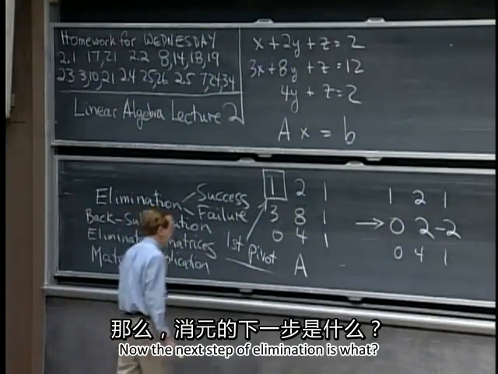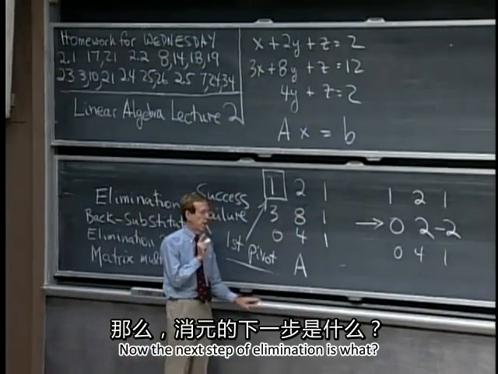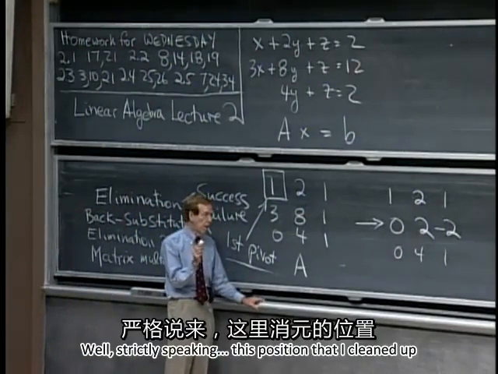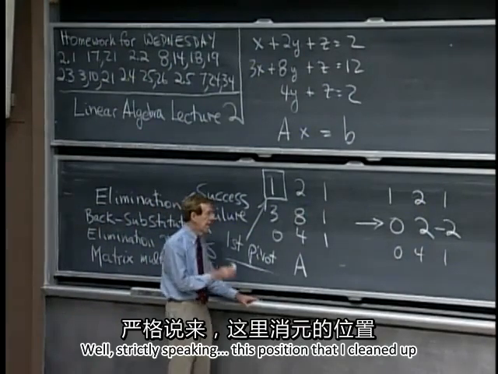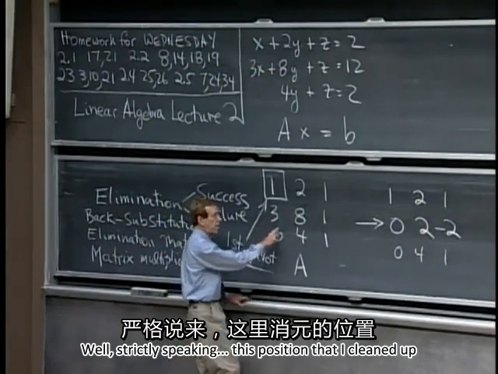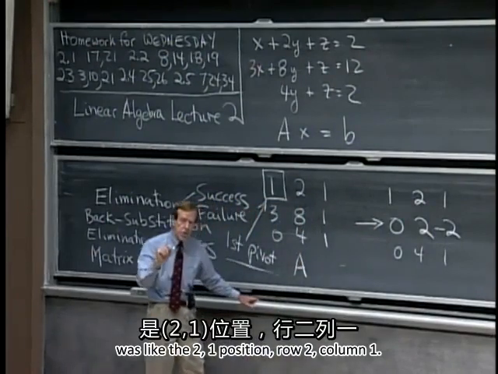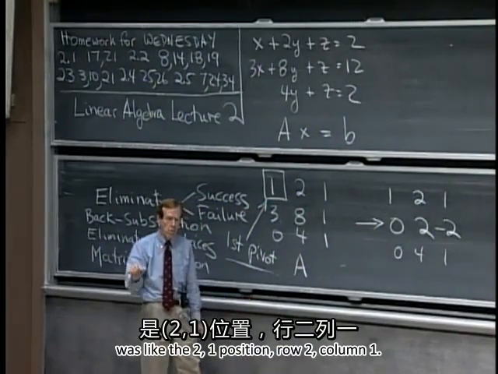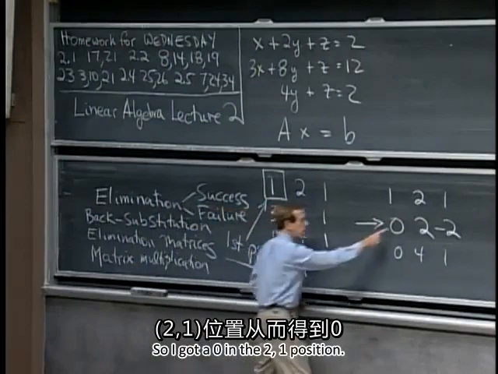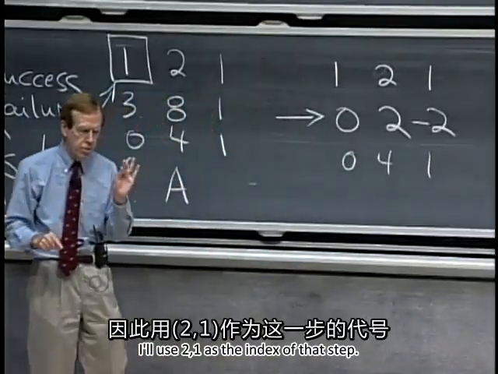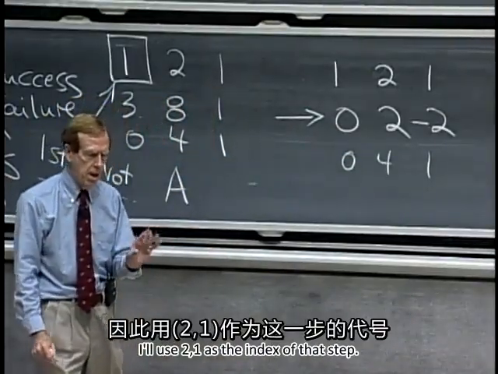Okay, now the next step of elimination is what? Strictly speaking, the position that I cleaned up was the 2, 1 position, row 2, column 1. So I got a 0 in the 2, 1 position. I'll use 2, 1 as the index of that step.